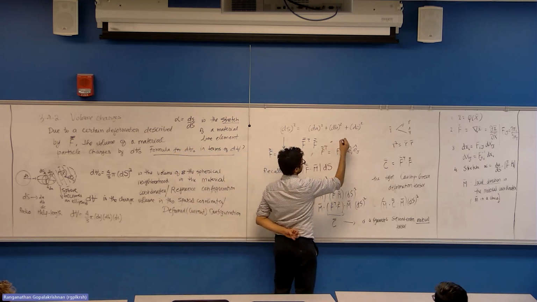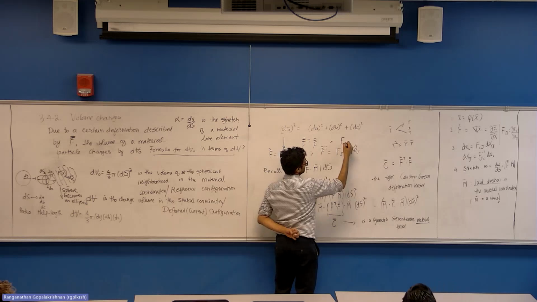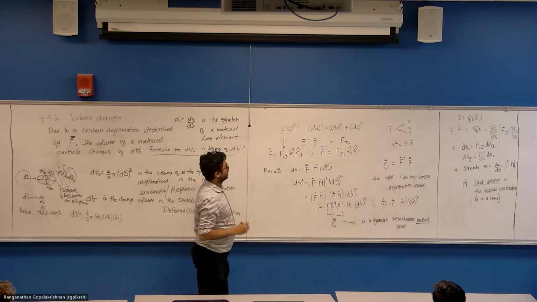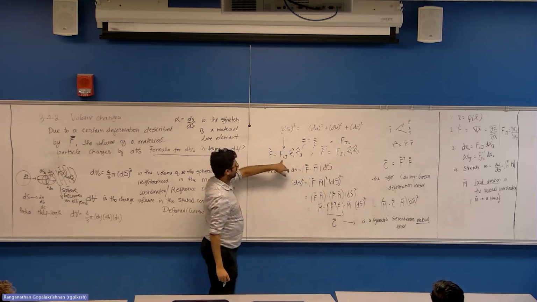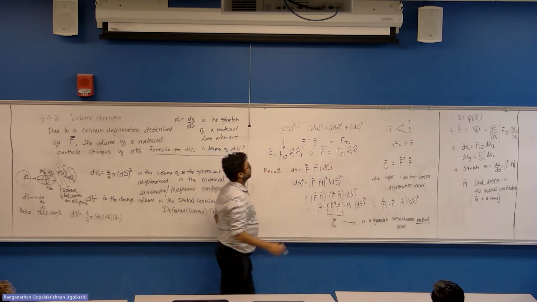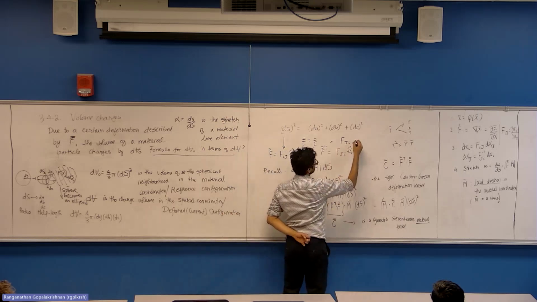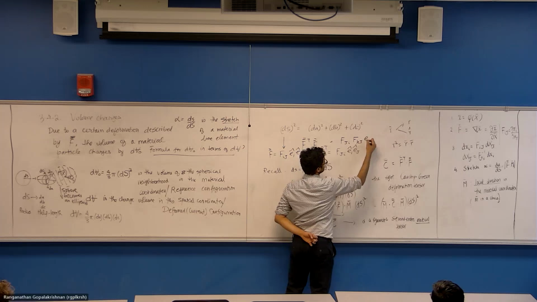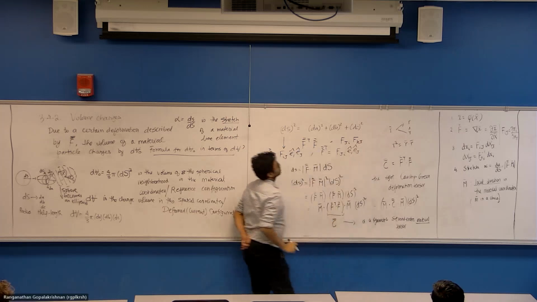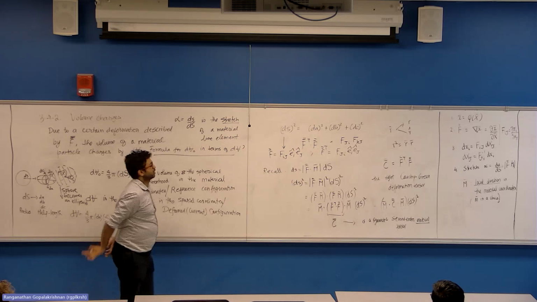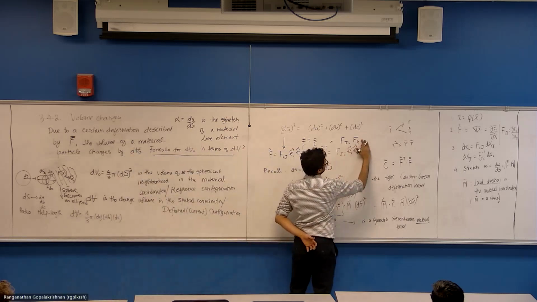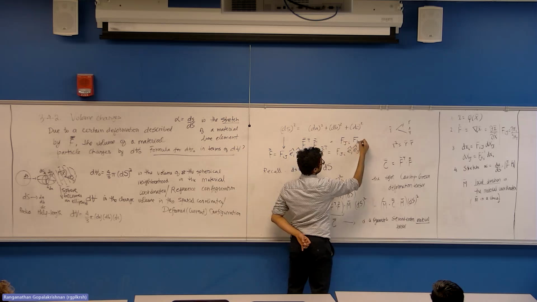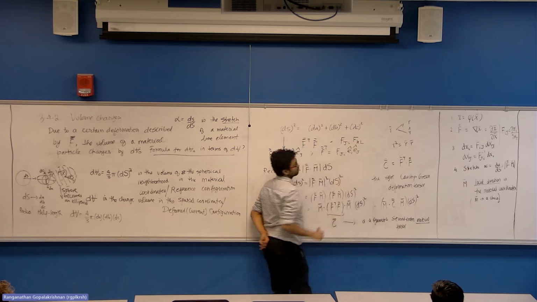You already used i and j, you can't use the same indices again, so you will have to write this multiplied by F with other indices, say k and l.